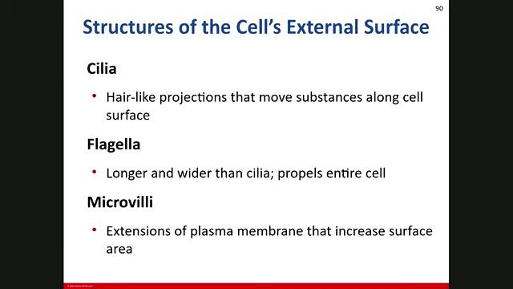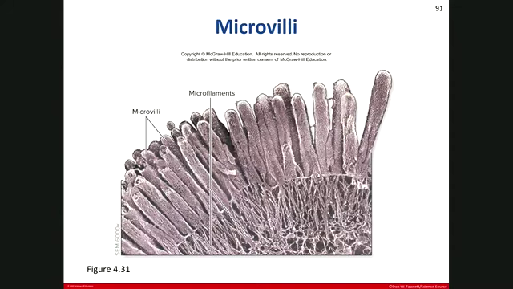We have flagella, which are longer and wider than cilia and propel the entire cell, like the flagella which we have in the sperm, and also we have microvilli. The microvilli are extensions of the plasma membrane which can increase the surface of absorption. And in this picture you can see these microvilli, which are the finger-like projections on the surface of our cells.